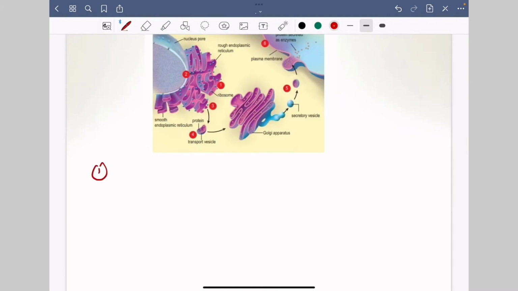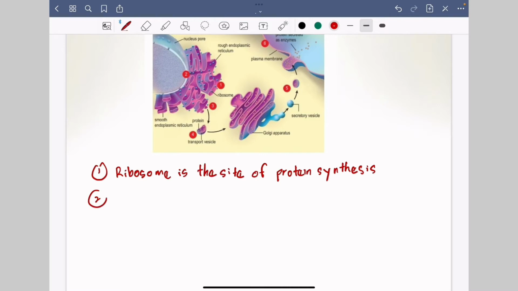The first one, the protein is synthesized by the ribosome. Ribosome is the site of protein synthesis. And the second point, proteins will enter the rough endoplasmic reticulum through the lumen.